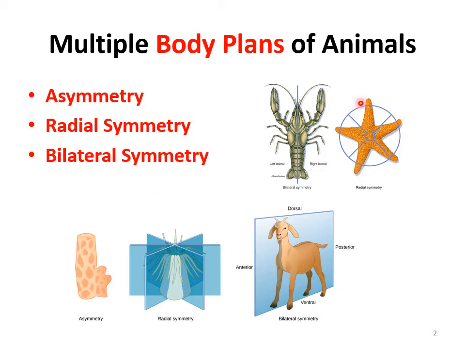The big example of a central symmetry, meaning radial symmetry, is a starfish, or even a tulip flower. Starfish or tulip flower will help you visualize that circular kind of symmetry.